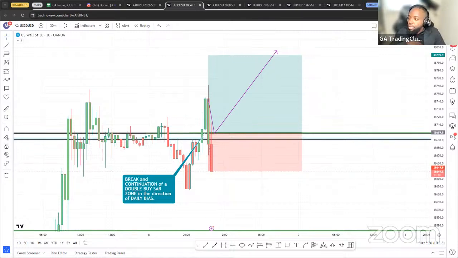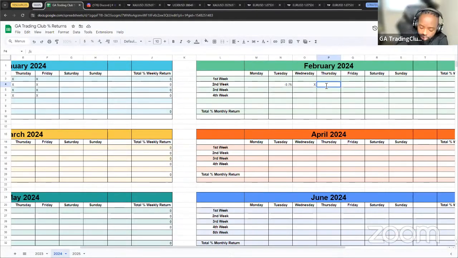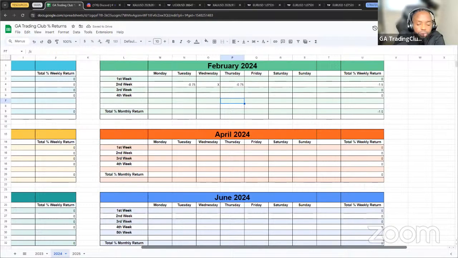All right, so got stopped out of that trade. So that's a minus 0.75% loss as well. So for this month so far, minus 1.5%.